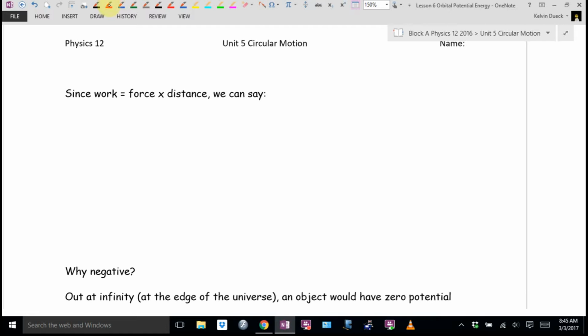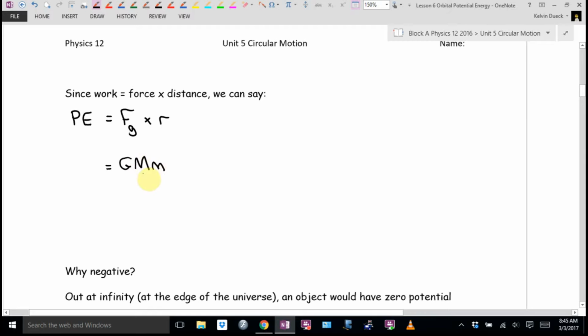Since work is force times distance, we can say, instead of work, I'm going to say potential energy is gravitational force times radius. Which is going to be big G, big M, little m over r squared times r.